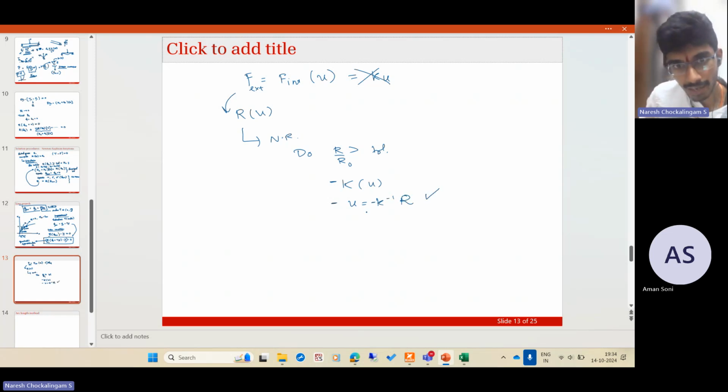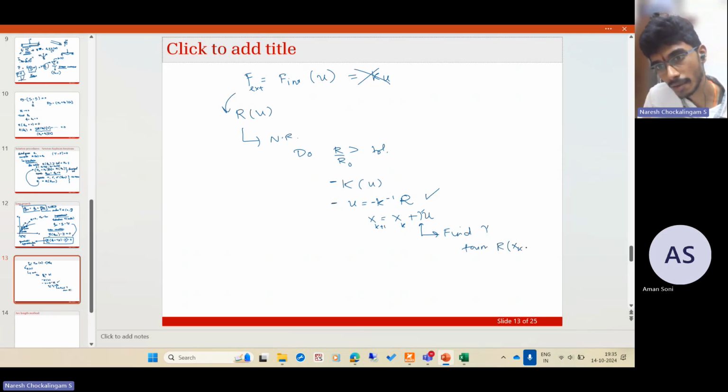In the next step, instead of updating the current configuration as x k plus 1 equal to x k plus u, you move only a fraction along the distance, which is gamma. But we don't know this gamma, so you find gamma from the condition r of x k plus gamma u, dot product with u, equal to 0.